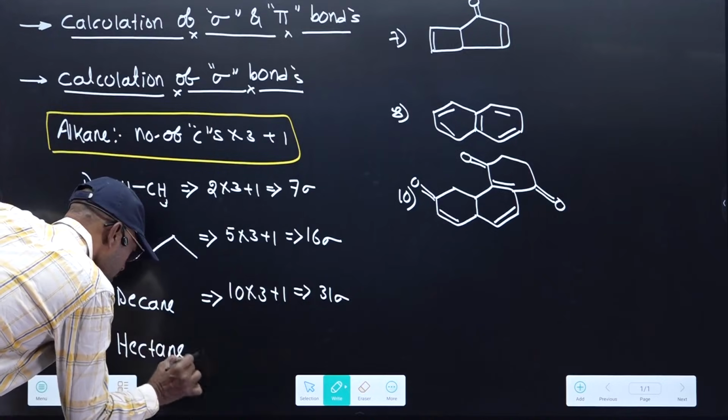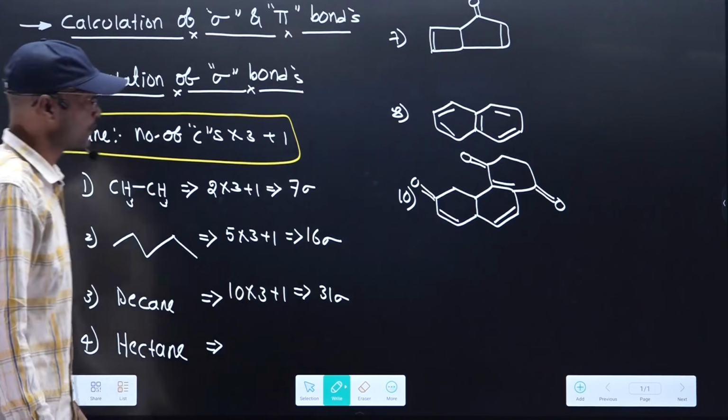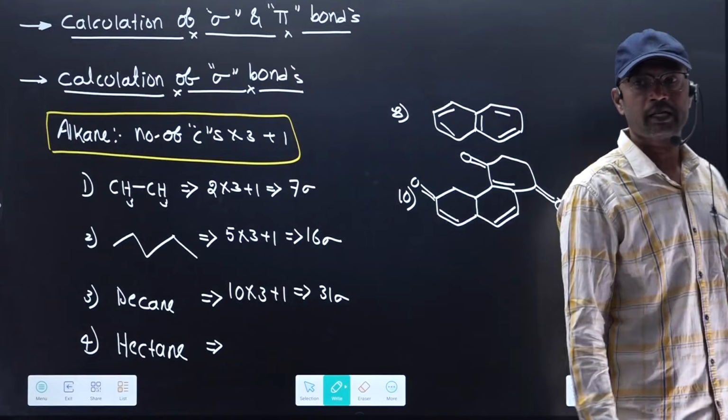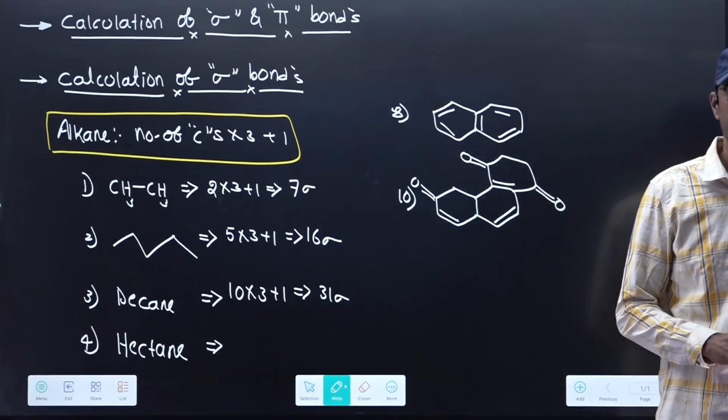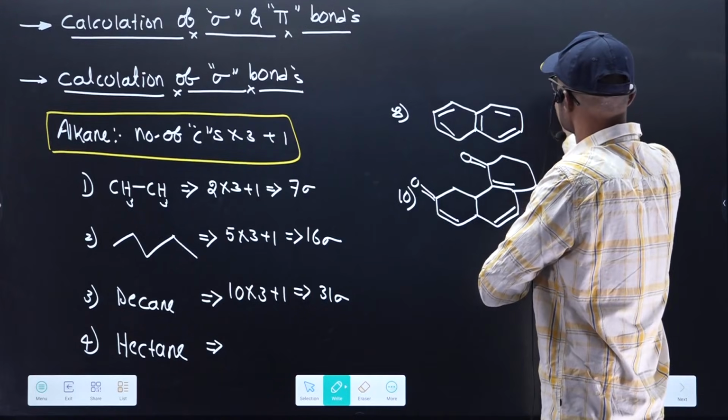Hectane. Hectane means how many carbons? Not heptane, heptane means 7. What about 10 carbons?